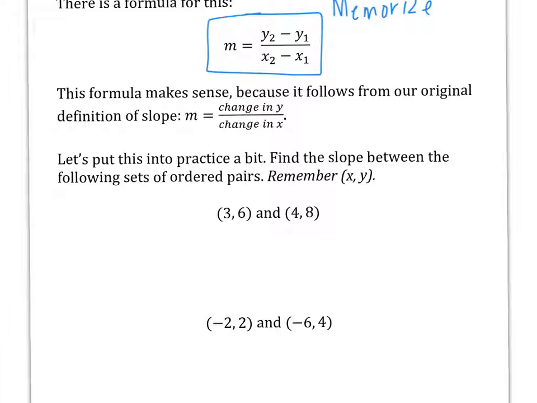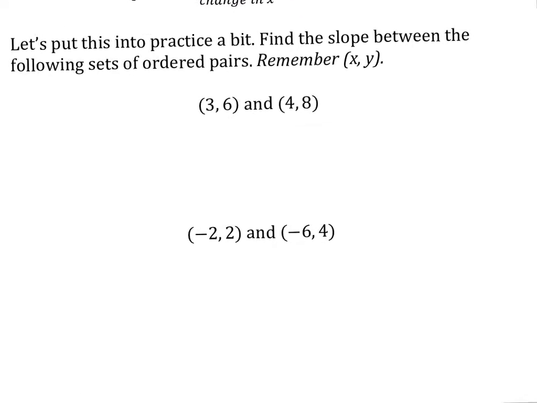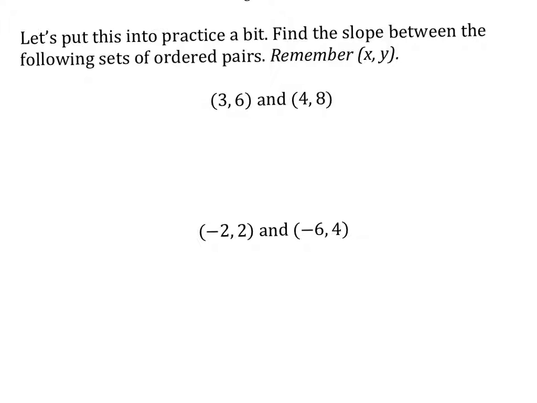So let's put this into practice a bit. Let's find the slope between the following sets of ordered pairs. And we'll remember the ordered pair goes x comma y. So if we look at this first example here, I see 3 comma 6, and 4 comma 8.